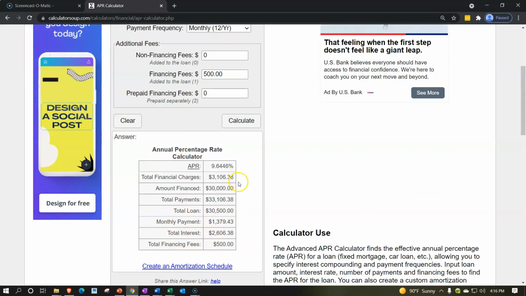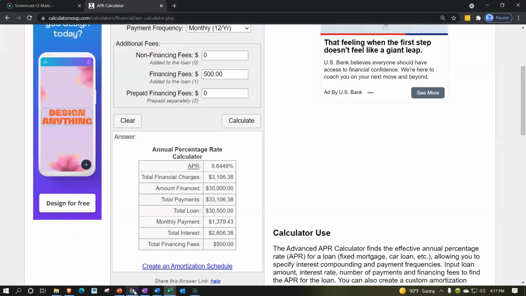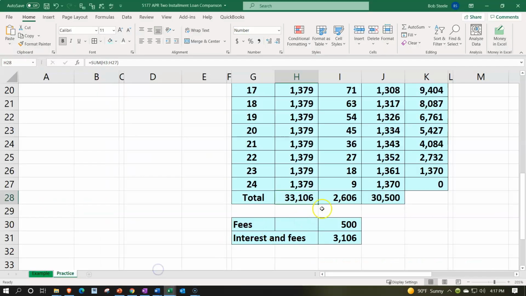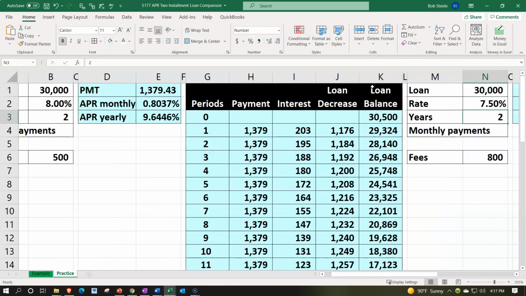And then the 30,000 plus that, the total payments are 33,106. So you can check your numbers over there. The total loan, that's right. Monthly payments 1379.43. Interest 2606. Yep.